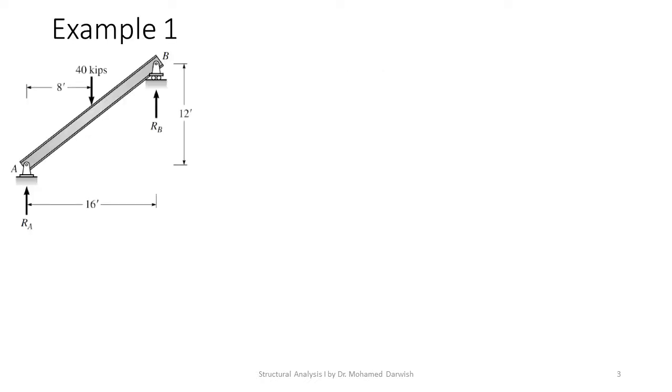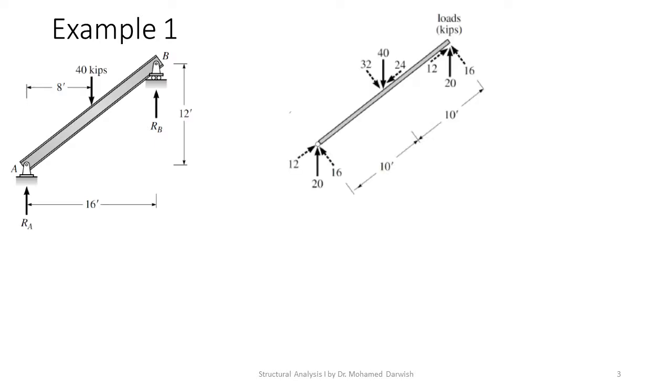So for example, this is a very simple one member problem. You have a member that is at an angle, and this member has a 40 kips vertical force at its middle. When dealing with a frame, you always need to analyze a force parallel to the member and a force perpendicular to the member.